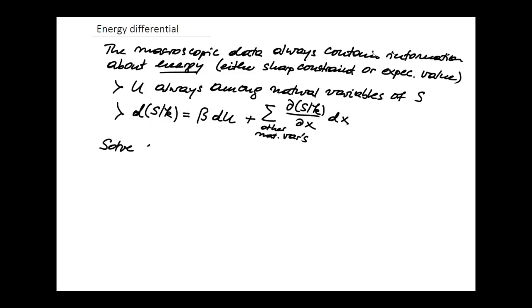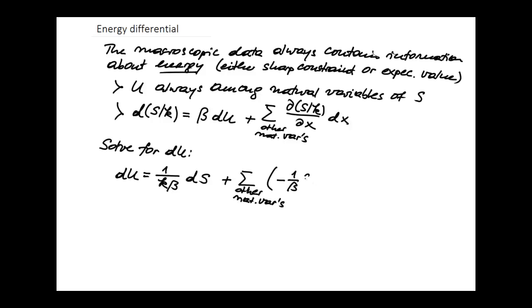We can solve that for dU. Then we find that dU is equal to 1 over beta dS, plus the sum over all the other natural variables, with minus 1 over beta times the partial of the entropy with respect to x, dx.